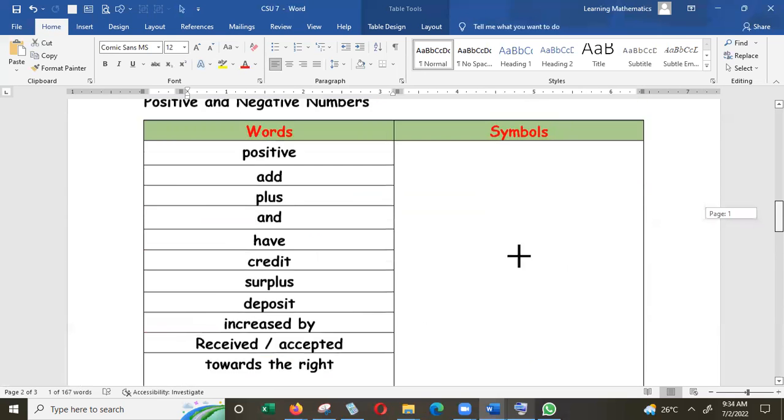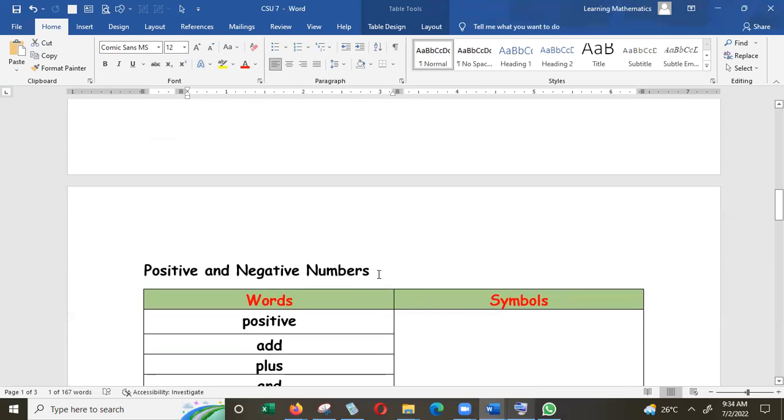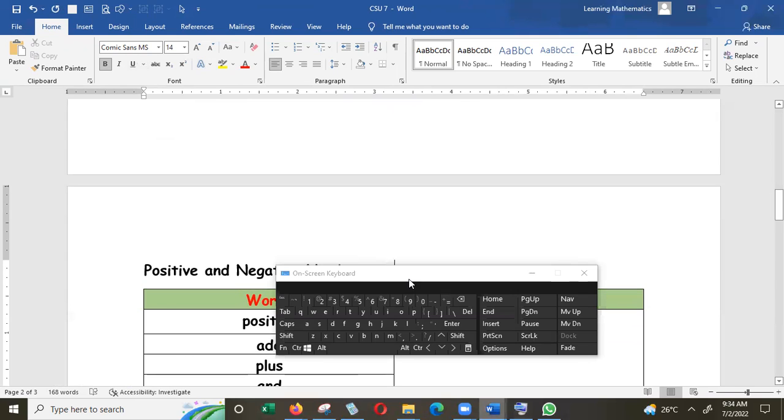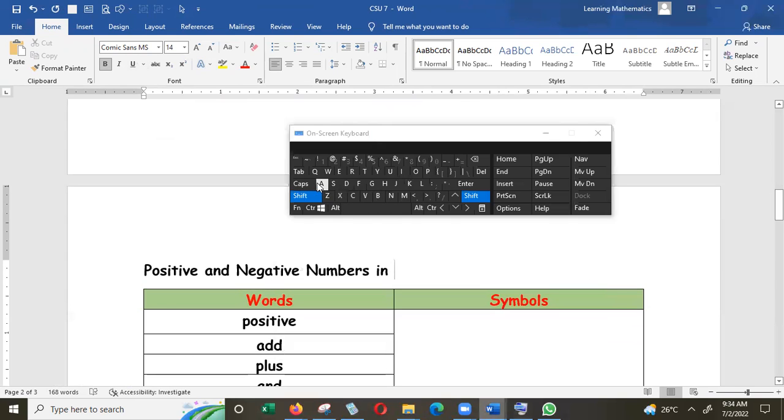The word and has a different symbol translation in another topic.